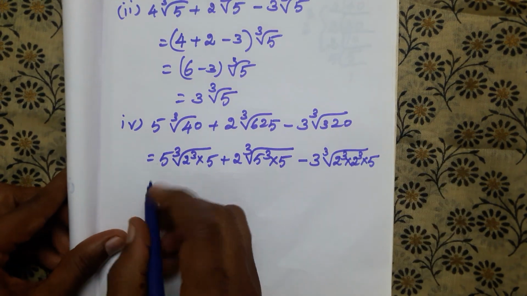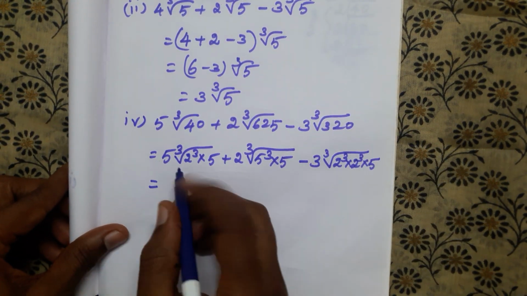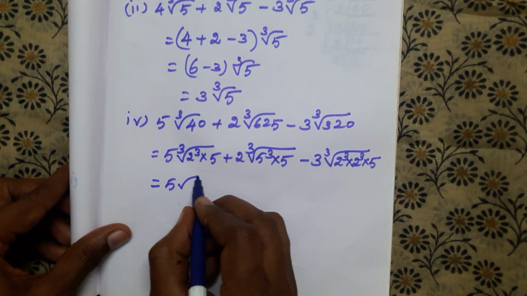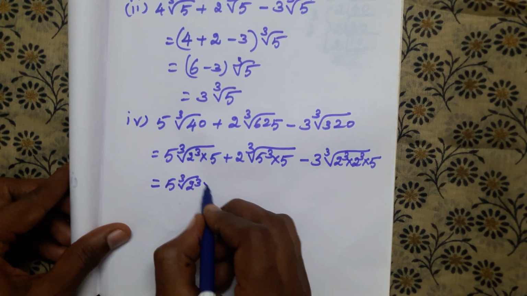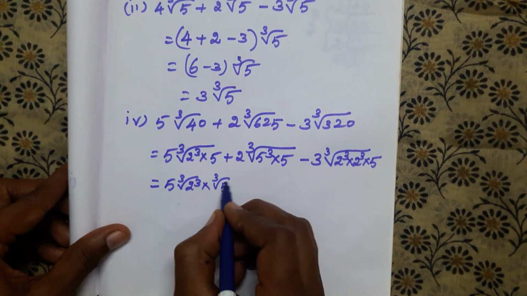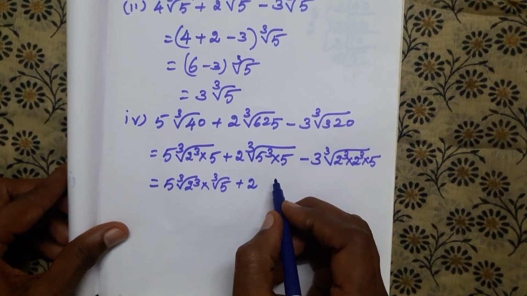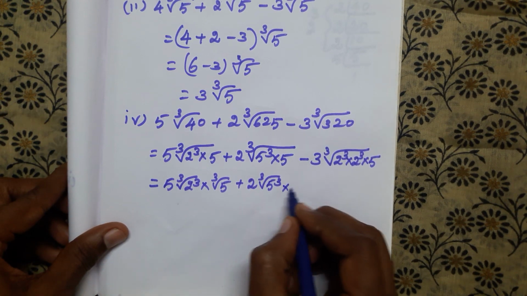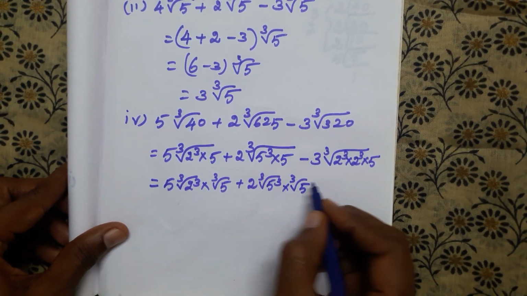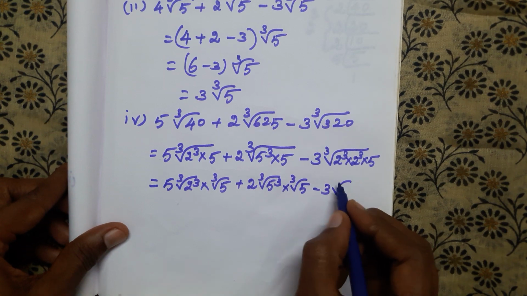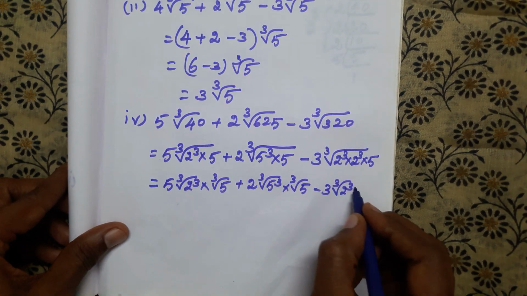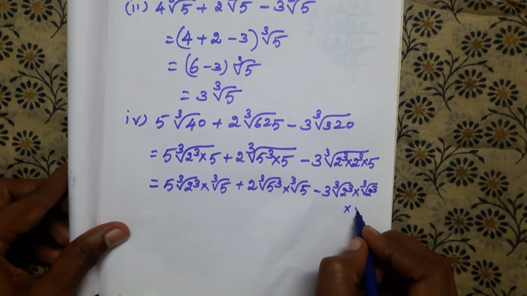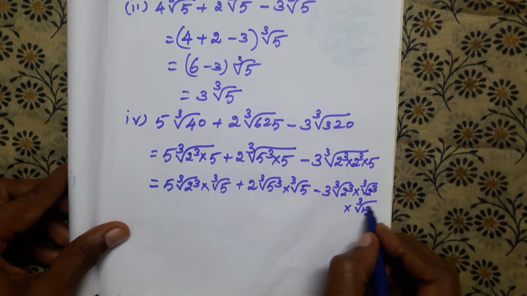So it's equal to 5 cube root of 2 cube into cube root of 5 plus 2 next cube root of 5 cube into cube root of 5 minus 3 cube root of 2 cube into cube root of 2 cube into cube root of 5.